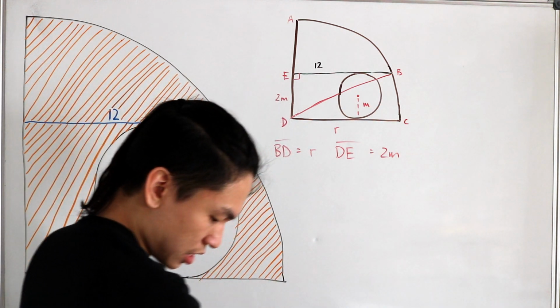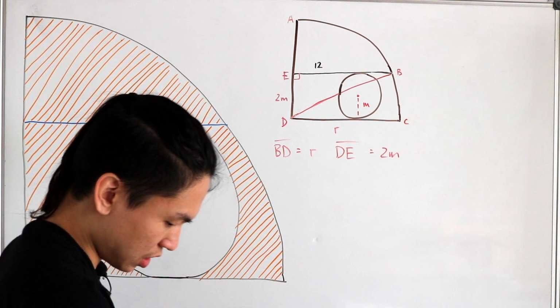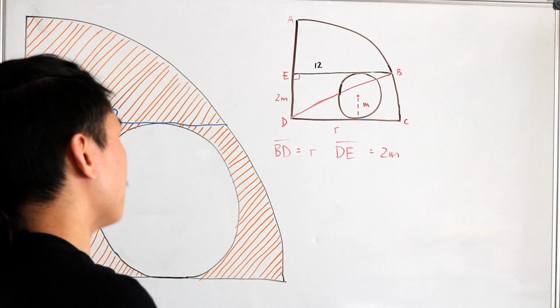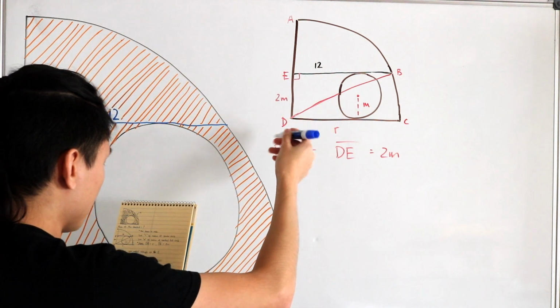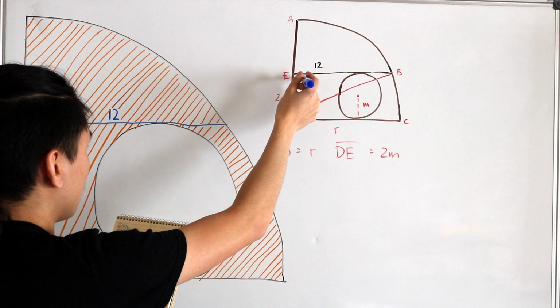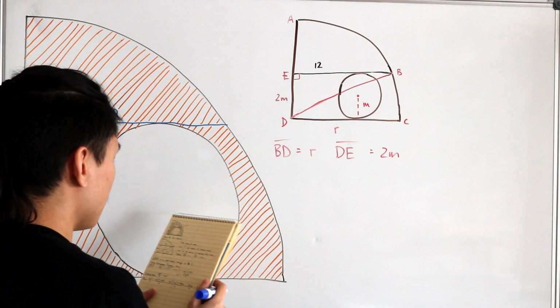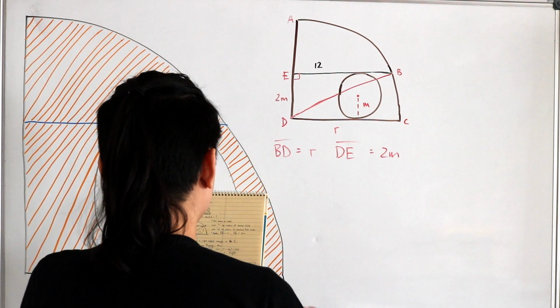Now let's note some things. Triangle BDE is a right triangle, with the right angle at vertex E. Then we can apply the Pythagorean theorem.